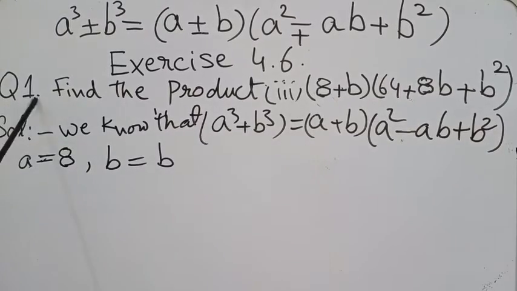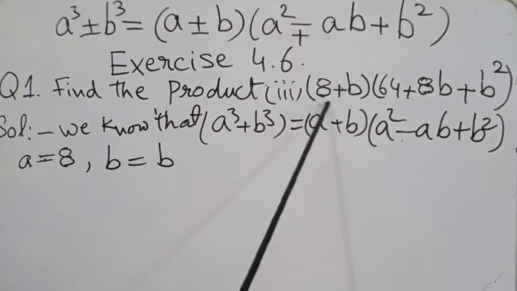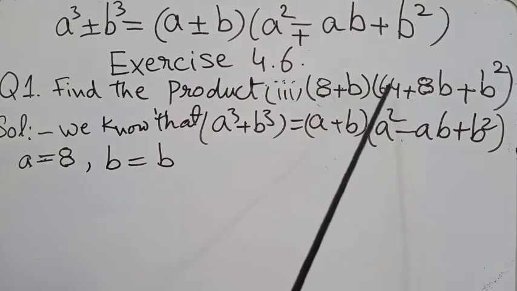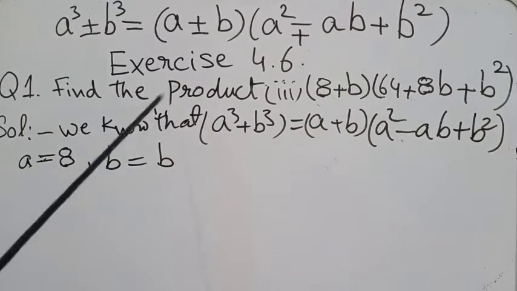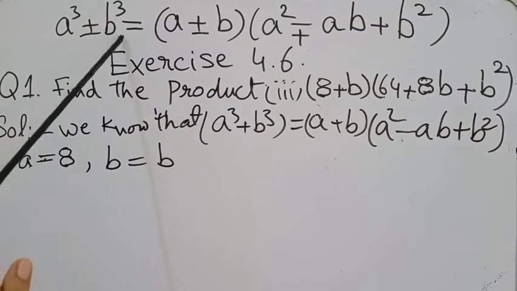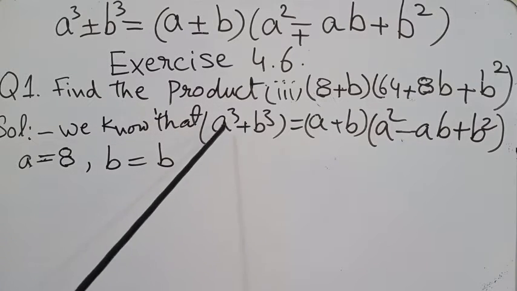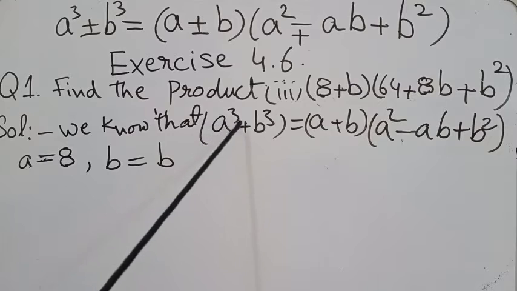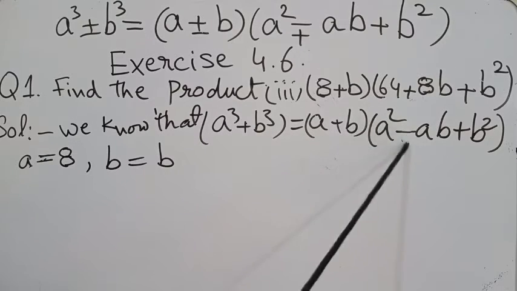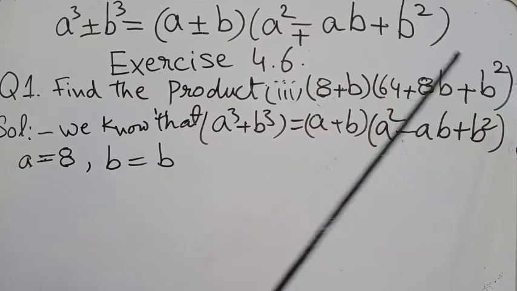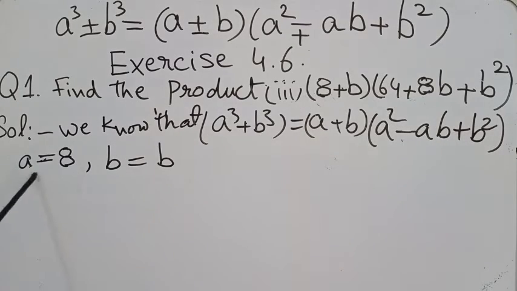Third part of question number 1: 8 plus b into 64 minus 8b plus b square. We know that our formula for plus sign, positive formula, a cube plus b cube is equal to a plus b into a square minus ab plus b square. In this case, we have a is equal to 8 and b is equal to b.